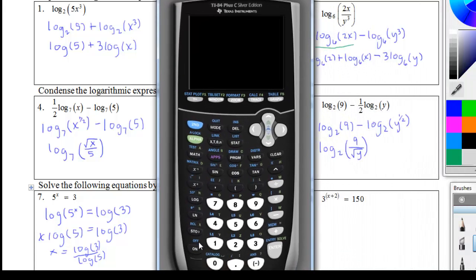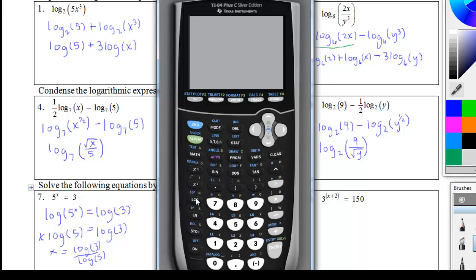So if we put in the log of 3 divided by the log of 5 and press enter, you get the decimal value of this expression.